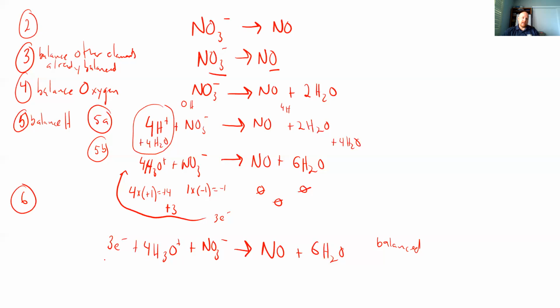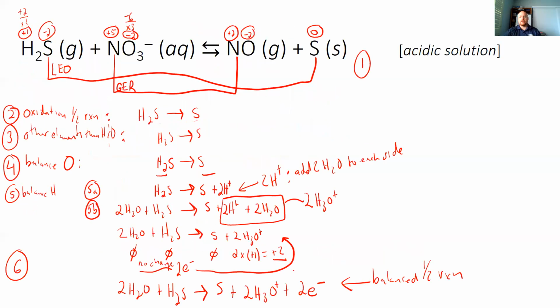But what I want to draw your attention to now is the number of electrons. Notice here, 3 electrons in this reduction half reaction as a reactant. And if I go back up to the other one, I've got 2 electrons. So this is where I'm going to take these 2 equations and multiply them by a coefficient that'll get me to the lowest common multiple.